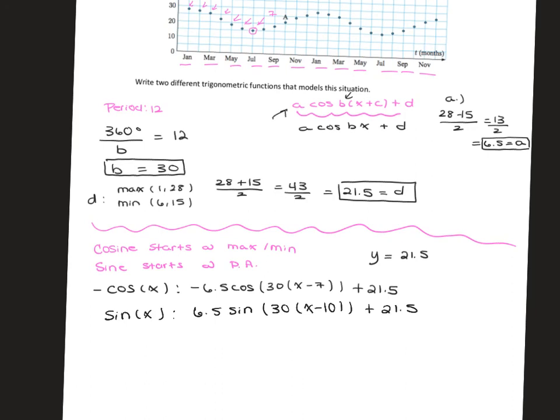Now graph both of these and see, are they the same function? They will be. Just remember that your graph needs to be in degree mode when you check that out, because we did not work with 2 pi here, we worked with 360 degrees.